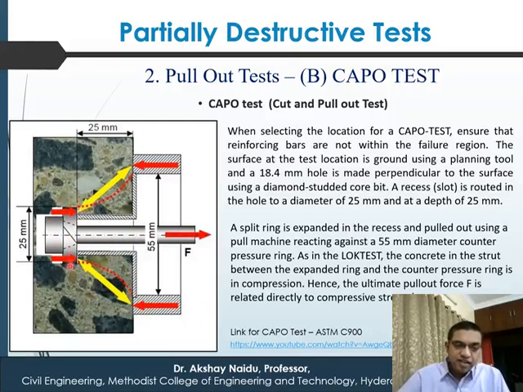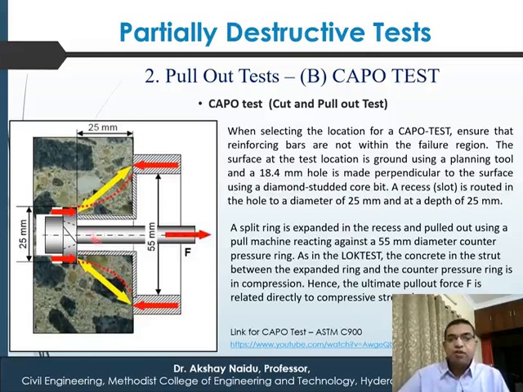And there is a greater diameter of 25 mm. Now this piece, the steel disc piece, is a split ring which is expandable. So while it is inserted, it will go through this smaller diameter, but once it crosses here, it expands to 25 mm diameter.